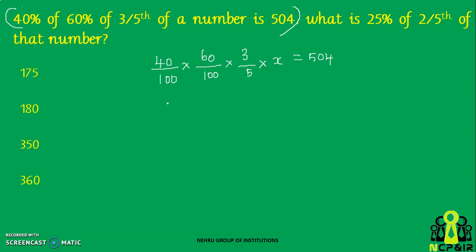Now what will be the value of x? So x will be 504 into 100 into 100 into 5 divided by 40 into 60 into 3. Now, I'm not going to do the solution right here.